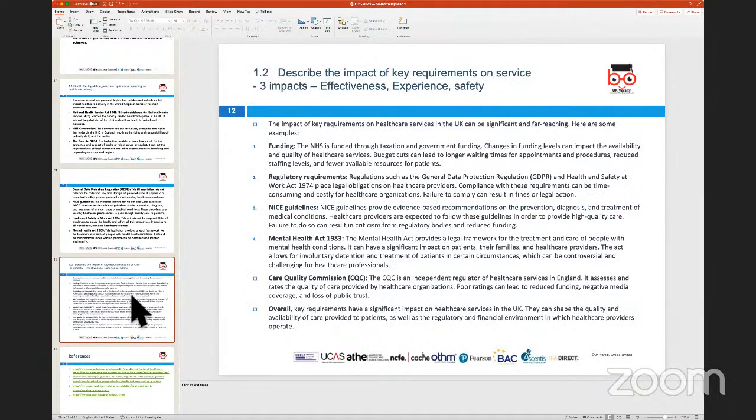Okay, the second assessment criteria talks about how we describe the impact of key requirements on the National Health Service, or in this case, the healthcare services.